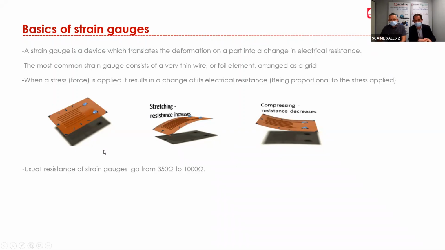When a stress or a force is applied to the support on which we glue the strain gauge, it results in a change of its electrical resistance proportional to the stress applied. Just for information, the usual range of resistance for strain gauges goes from 350 ohm up to 1000 ohm.